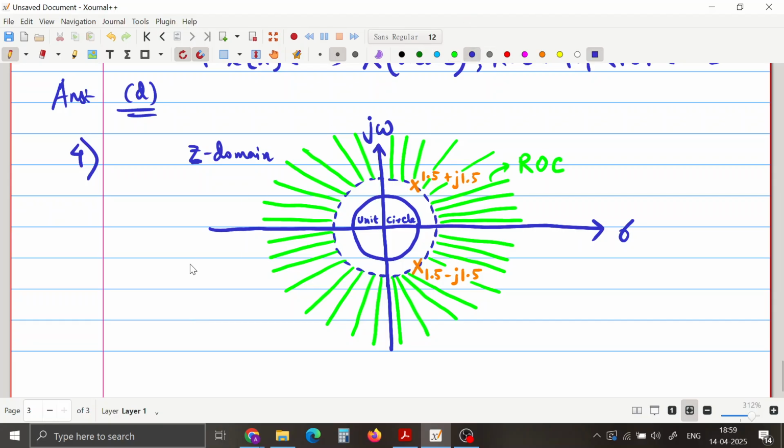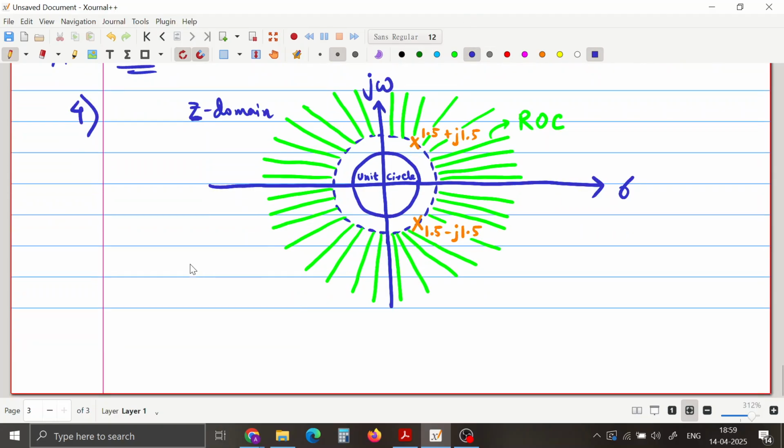Before that, I don't have much space here, but still let me write it here itself. Let us remind ourselves of the properties.